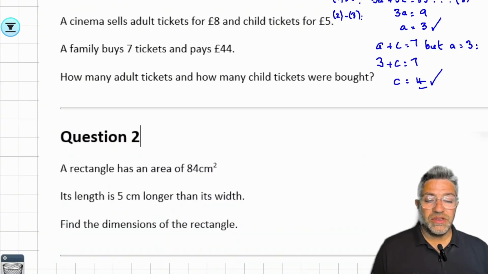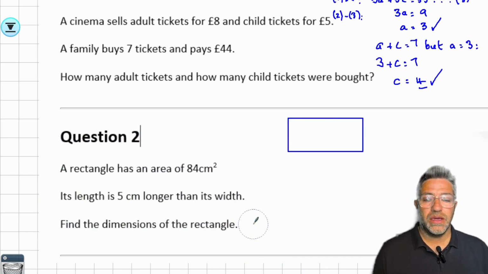We have a rectangle. Whenever possible, I look to include a diagram to add that clarity, to build our confidence from the get-go. We have an area of 84 square centimetres. The length is 5 centimetres longer than the width.